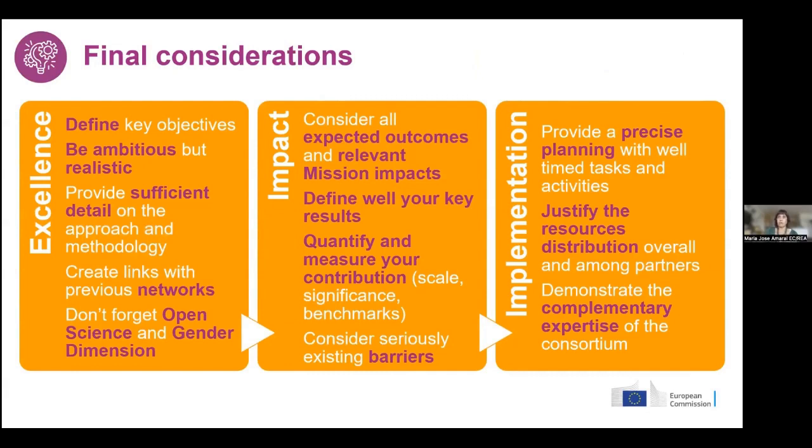Don't forget about these more horizontal aspects on open science and gender dimension. When we go to impact, consider all expected outcomes and relevant mission impacts, define well your key results, quantify and measure your contributions, the scale, the significance, the benchmarks, and consider seriously the existing barriers.